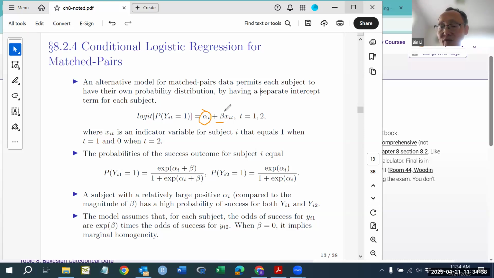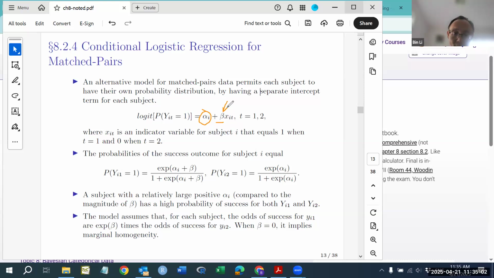What is a fixed effect? Fixed effect means that the difference of the proportions is the same among all the individuals. So beta is the fixed effect, and alpha is the random effect. So this model is called a mixed effect model.